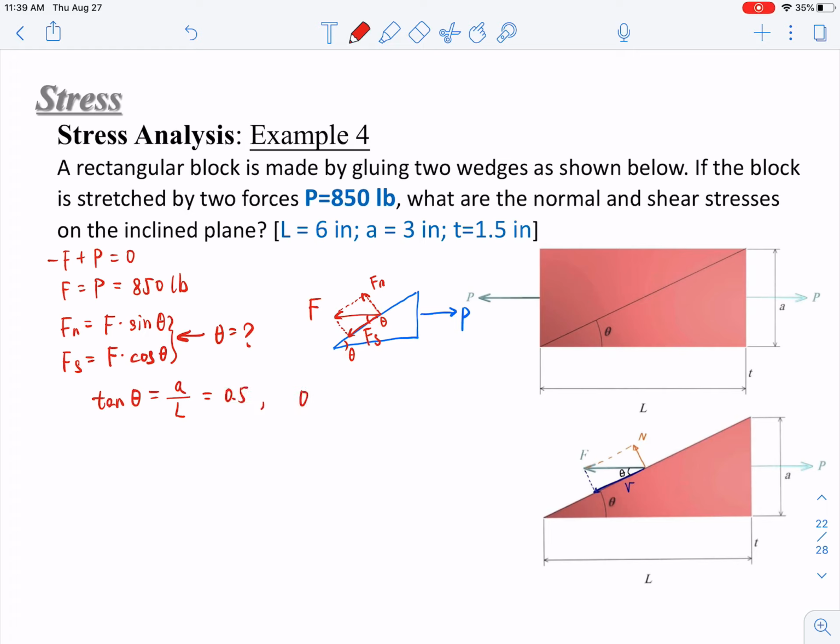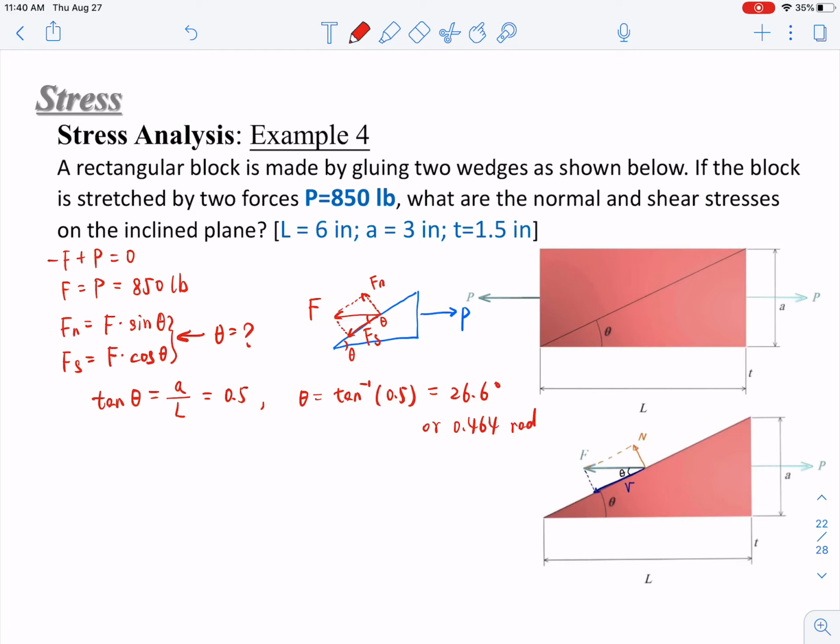So theta will be inverse tangent of 0.5, that is 26.6 degrees or 0.464 radian.